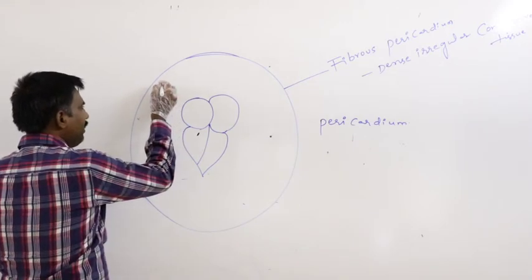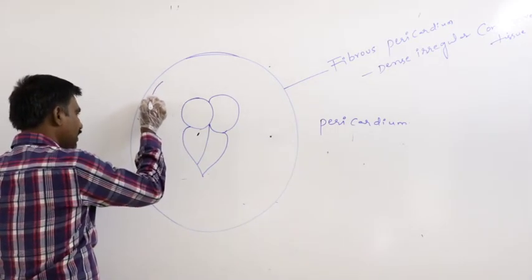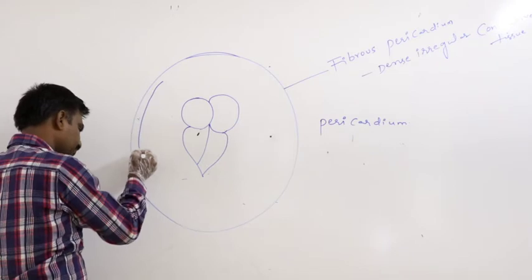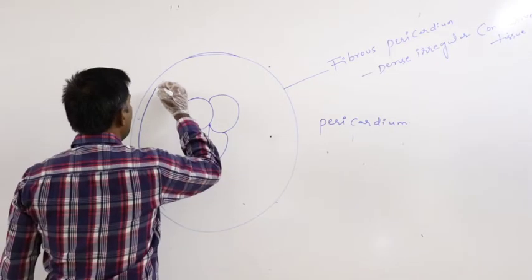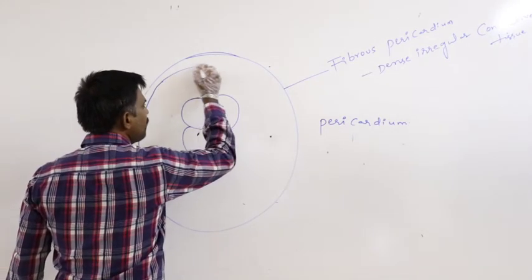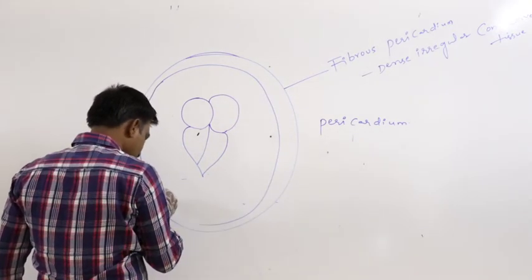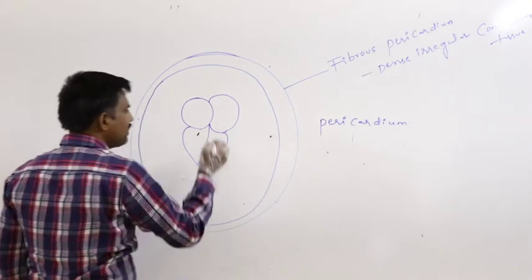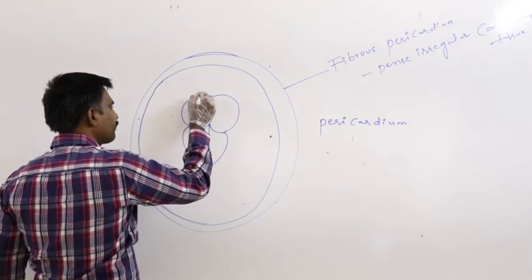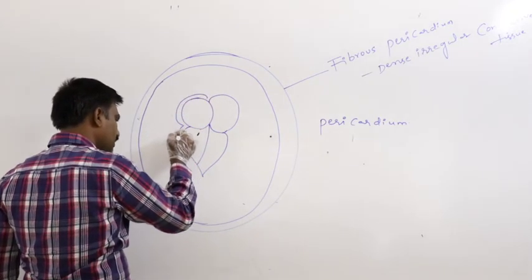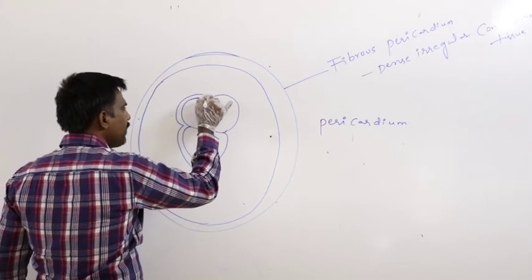Again, another double-layered pericardial membrane present below the fibrous pericardium is said to be the serous pericardium.